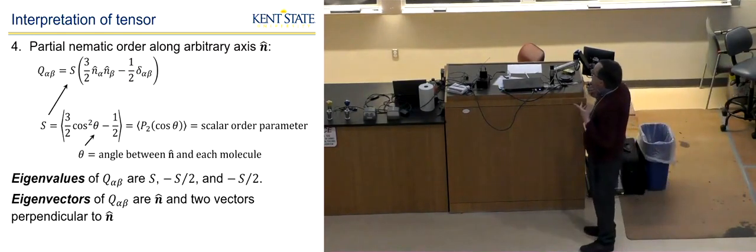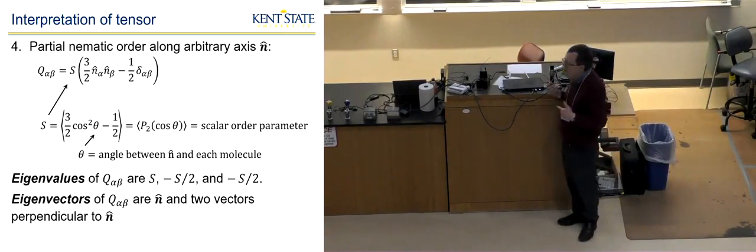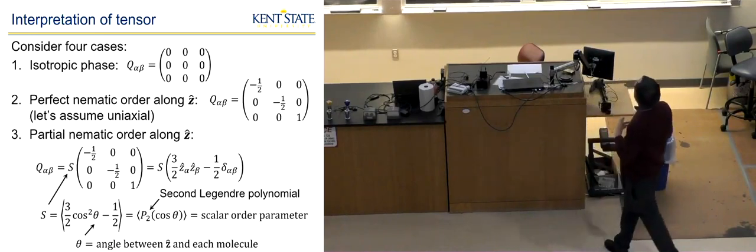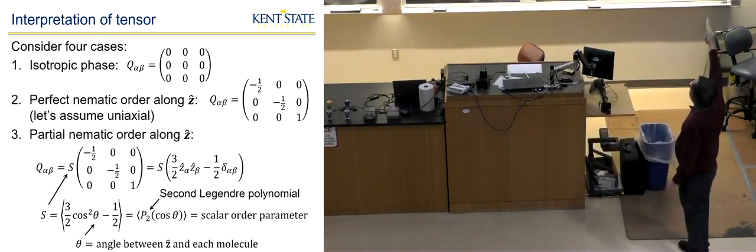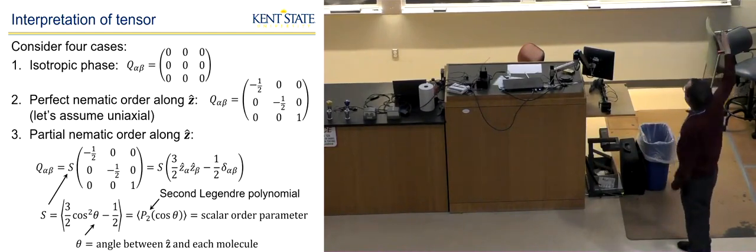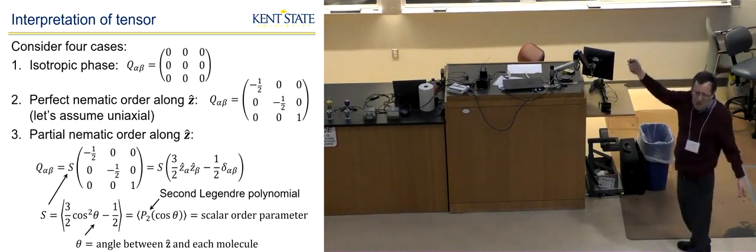Now, you might say, what if you don't have alignment along the z-axis, but along some other axis? If it were along the x-axis, you would put the 1 in the xx place instead of the zz place. If it were alignment along the y-axis, you would put the 1 in the yy place.